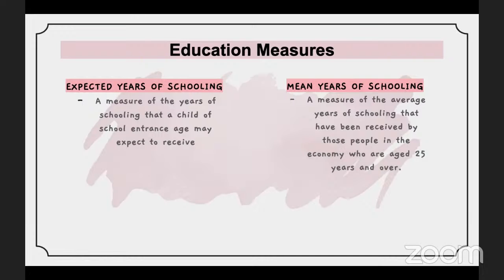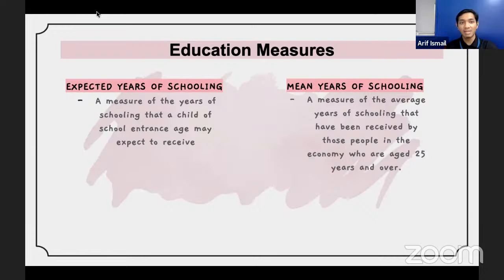Kalau kita go by expected years of schooling and mean years of schooling, what does the gap in the middle mean? We expect people to study until Form 5, is it right? But let's say the mean years of schooling is until Form 3. What does it mean? Tak faham, teacher. It means many students are not able to get the education that they need.